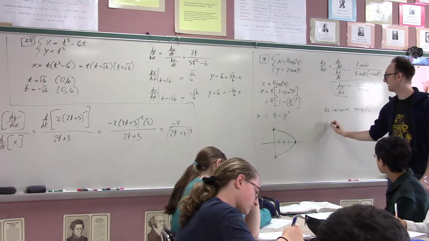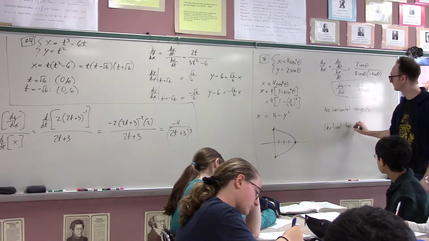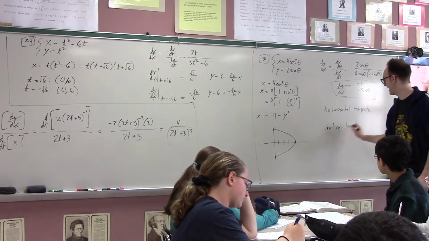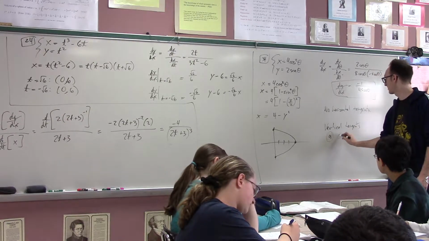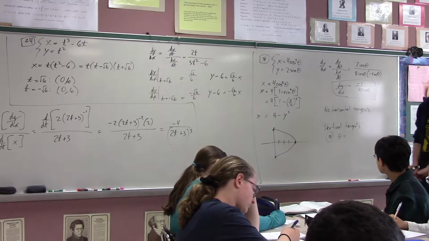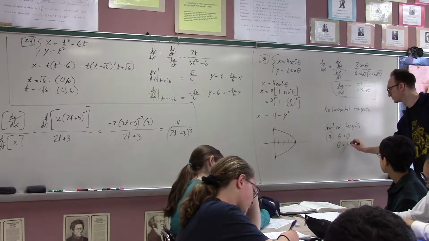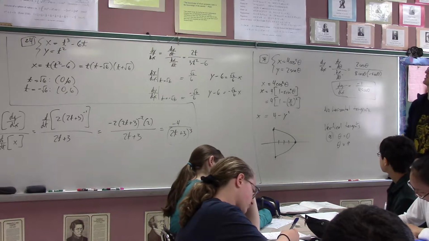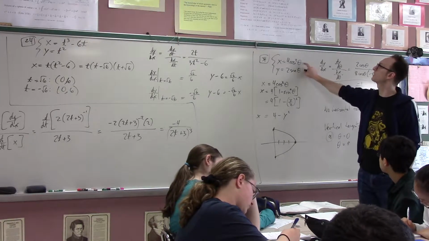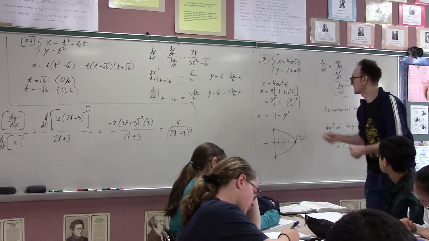So there will be a vertical tangent at theta equals 0 and theta equals pi. If you plug 0 back in, you get (4, 0), just as we expected, there would be a vertical tangent here.